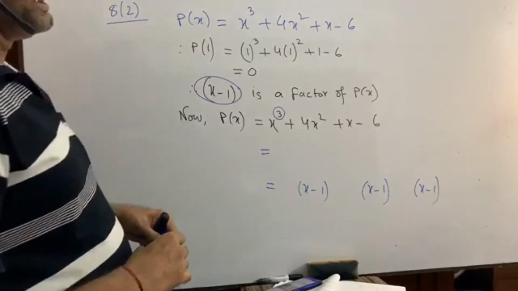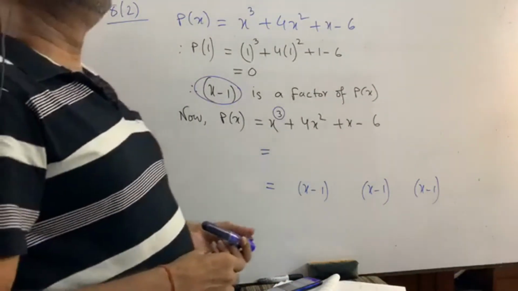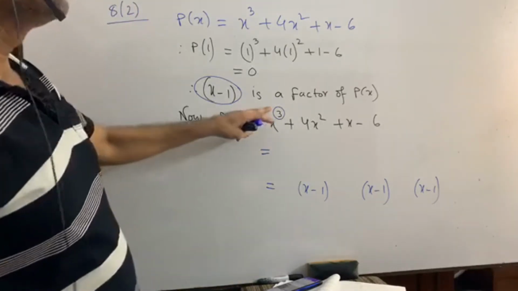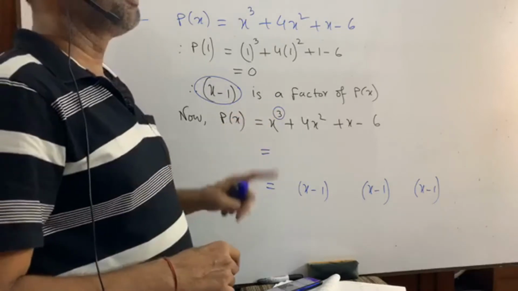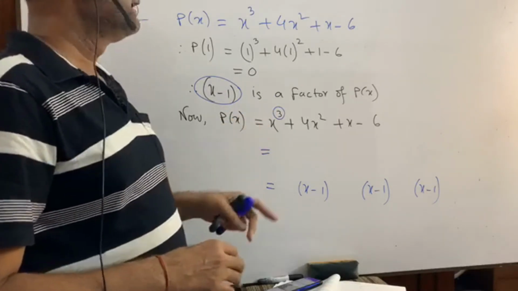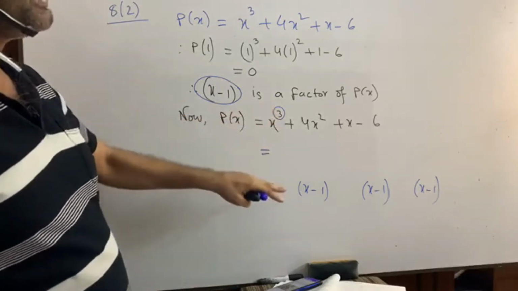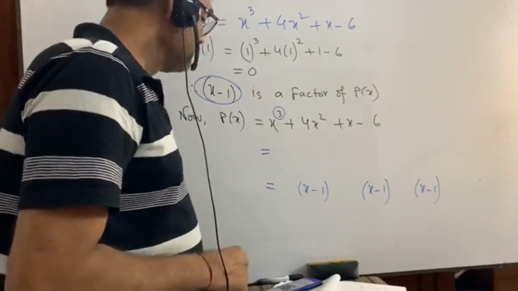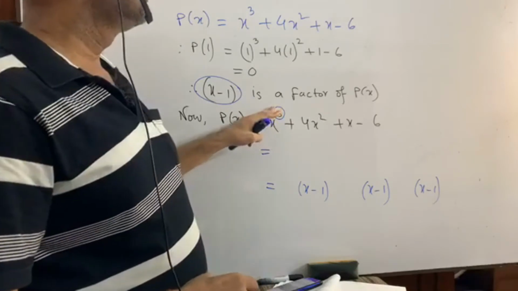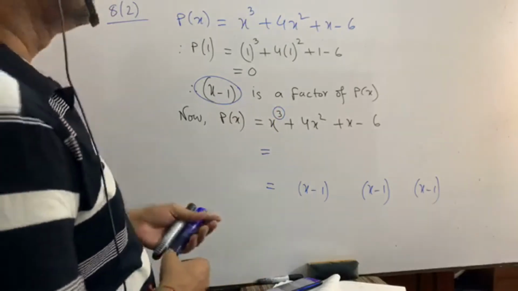I have written the factor x minus 1 three times because the degree is 3. Have you got me? If it was power 10, then I would have to write x minus 1 ten times. So you have to write as per the requirement of the degree.